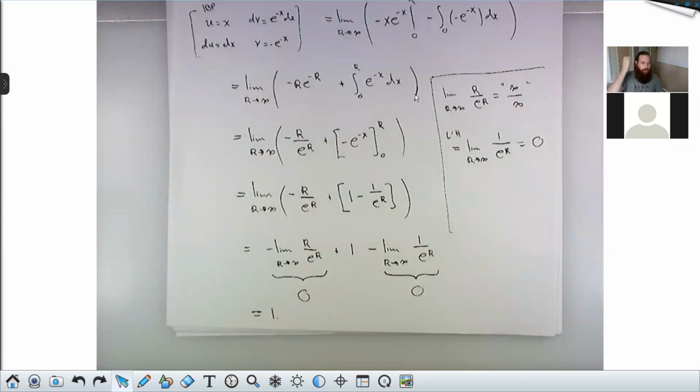And the question is, can you show that it works in general? The procedure is the same thing, except you'll need n applications of integration by parts rather than 1 application of integration by parts. So I want to give you a hint for that homework problem.